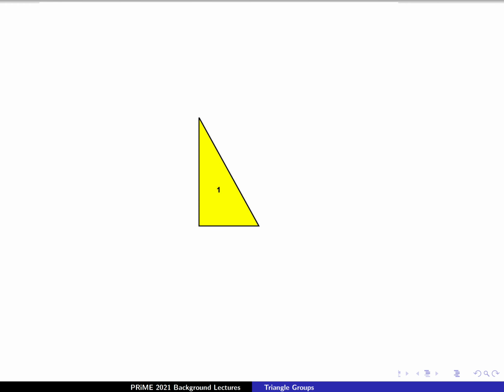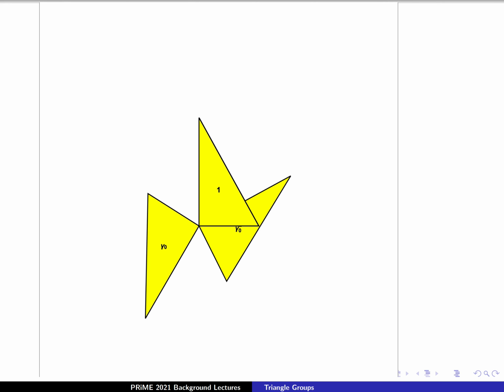Now, let's take a look at what happened geometrically with gamma 0, gamma 1, and gamma infinity. Recall that gamma 0 is a rotation, in this case by 180 degrees, remember it's 2 pi over m, around the point P. Here, we can actually see geometrically how this works.